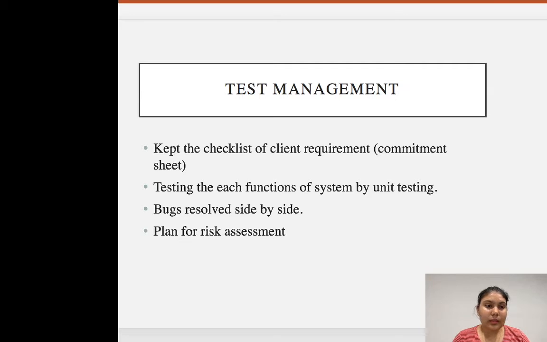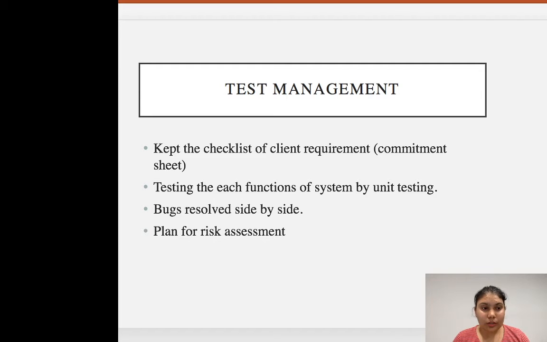In test management, there are the bugs and risks that we need to resolve. A risk is an earlier assumption, or something that may arise at that moment, which the developer hasn't dreamt of. In that case, we need to resolve the risk, manage it, and record it.